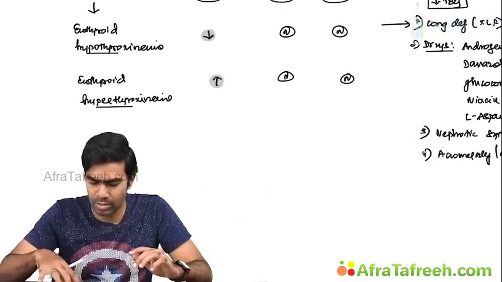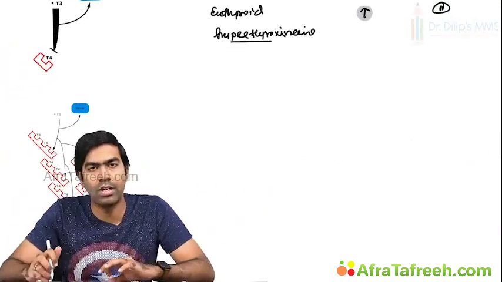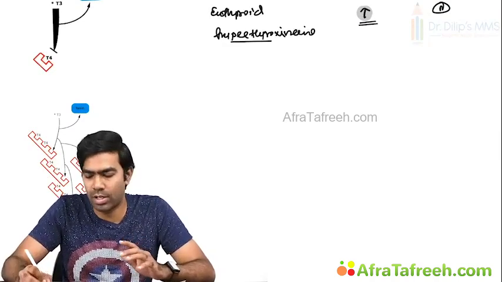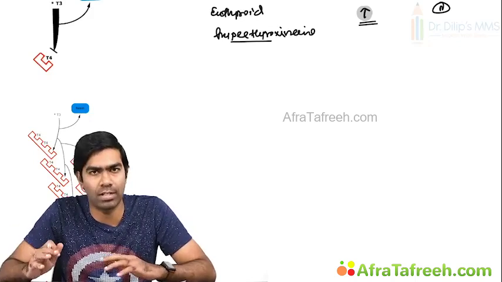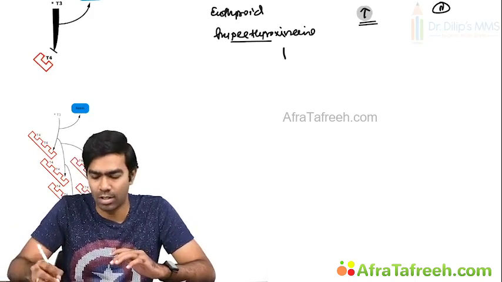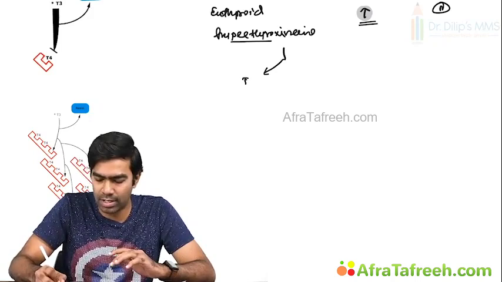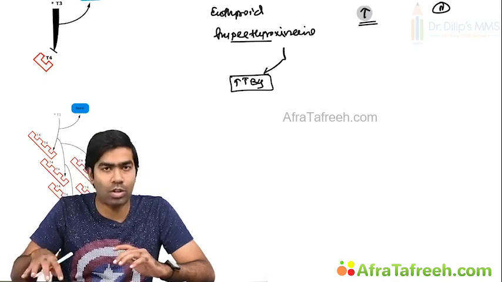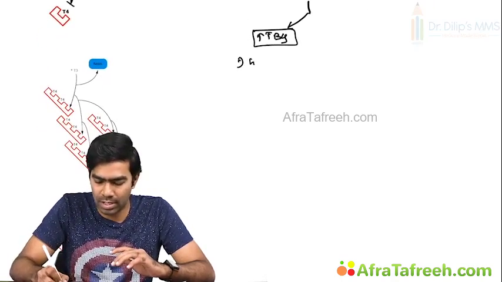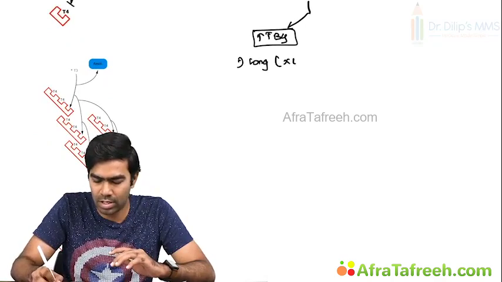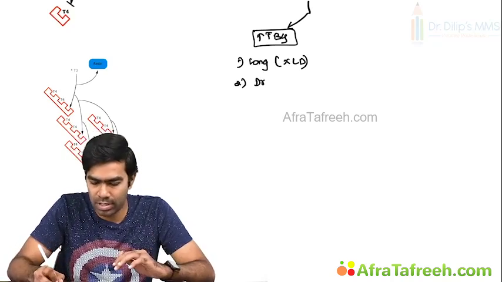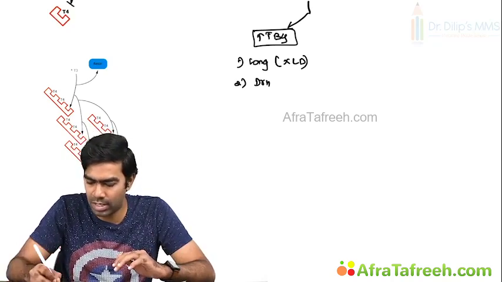Let us now discuss what we mean by euthyroid hyperthyroxemia. We know the total T4 will be increased, but free T4 and TSH will be normal. So what are the conditions that cause this? Obviously, first thing I can write is TBG excess. Increased TBG, obvious cause. And what are the causes of increased TBG? It could be congenital excess that's inherited as an X-linked dominant disorder, or similarly, there are certain drugs that can increase the TBG.